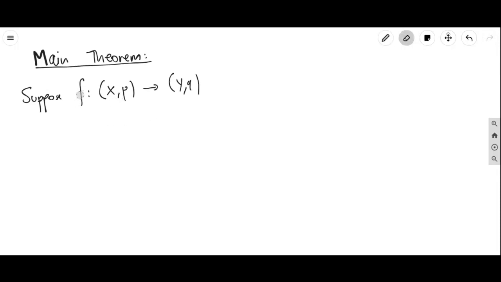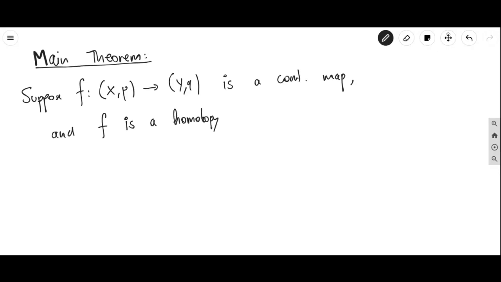So this just indicates that this is a continuous function. It maps p to q because the fundamental group is always taking place at some point. It is a continuous map, and f is a homotopy equivalence between x and y.